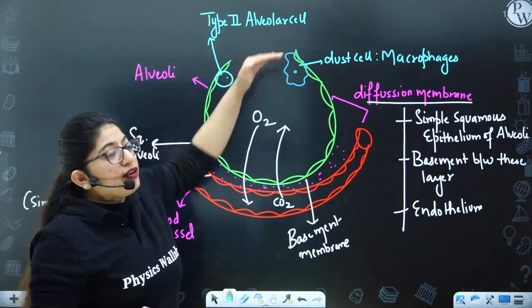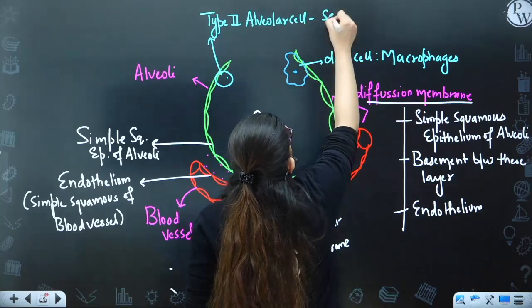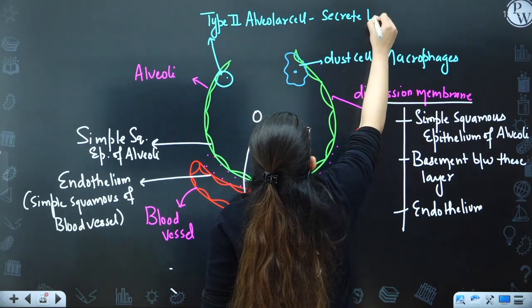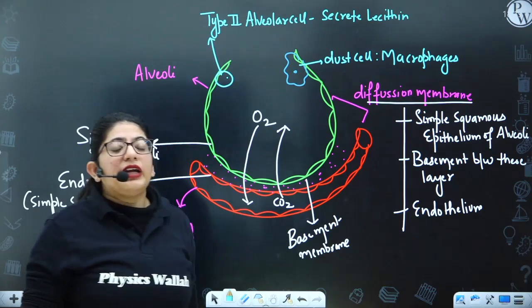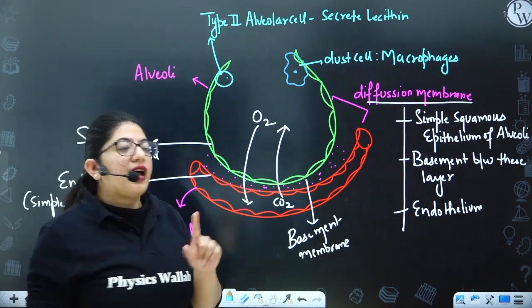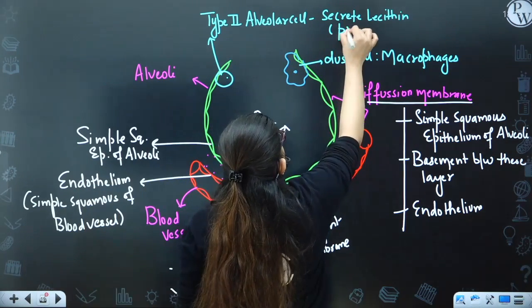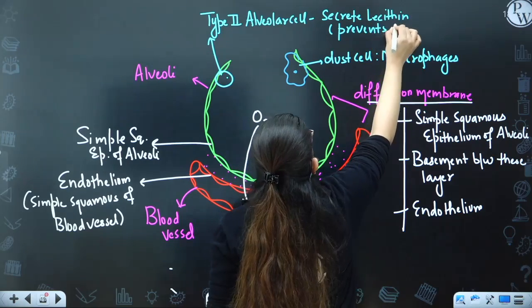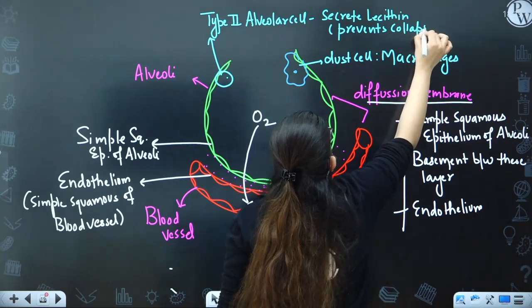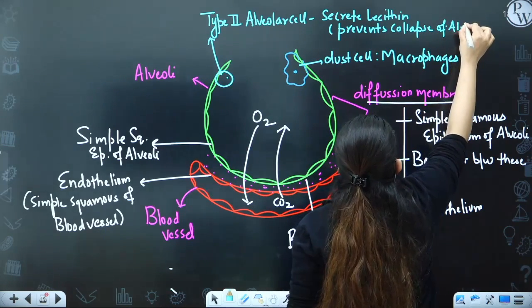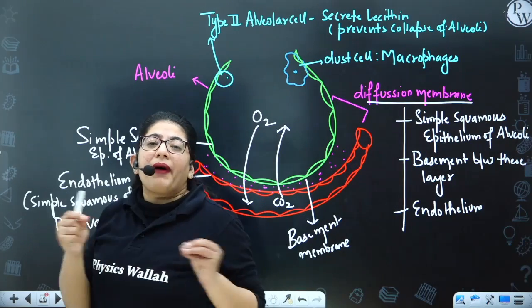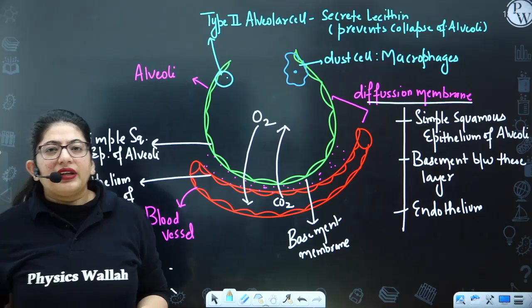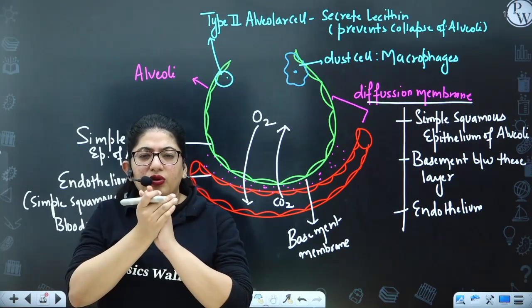Whereas type 2 alveolar cell secretes lecithin. Lecithin, as we discussed in biomolecules, is a phospholipid. It prevents the collapse of alveoli. For example, you open a packet of balloons and you find that the balloons are collapsed.